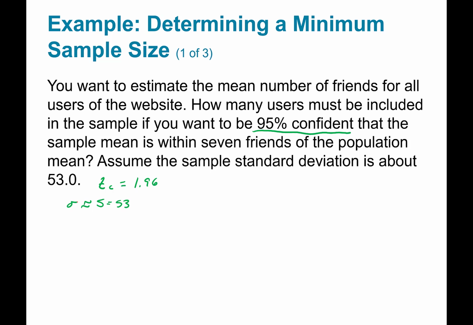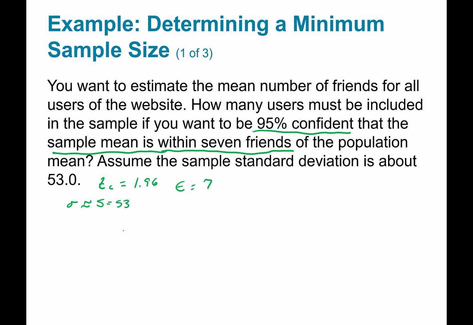And then we need to know E. E is essentially, what do you want to be within? In this case, we want sample means within 7 friends of the population mean, so E is going to be 7. Remember, E is just what you're going to add or subtract. It's how close you want to be. In this case, we want to be within 7.